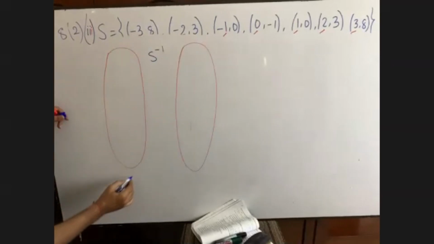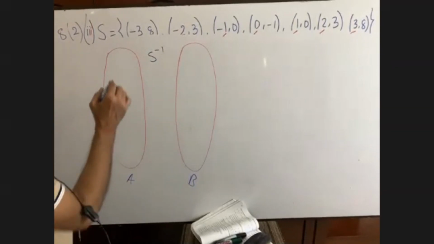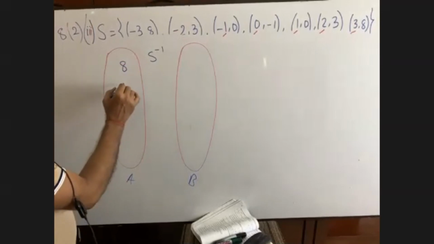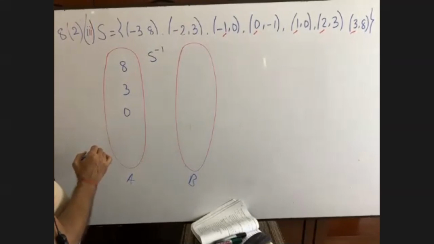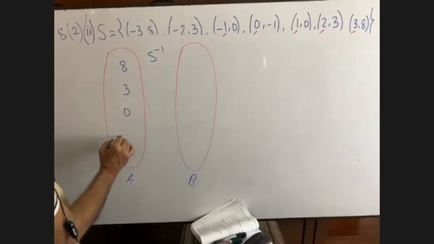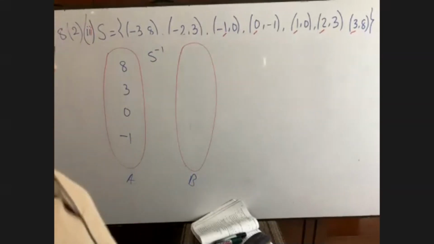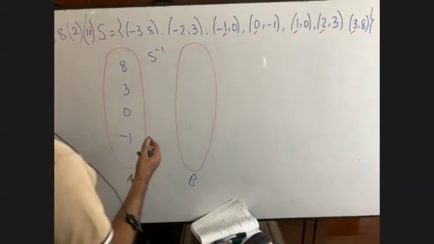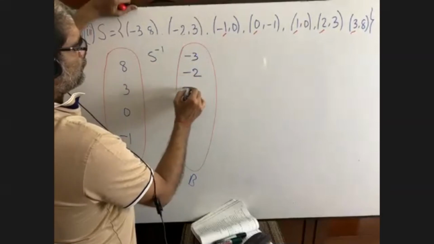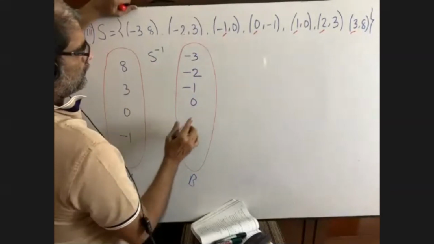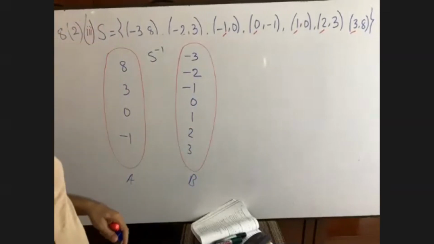As usual, you write down A. This is B. For S inverse, 8, 3, 0, -1. And here, -3, -2, -1, 0, 1, 2, 3.